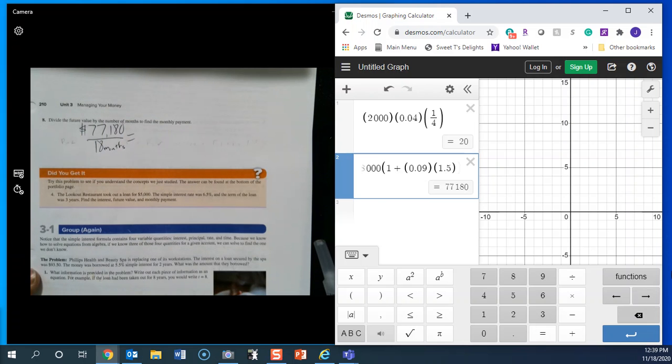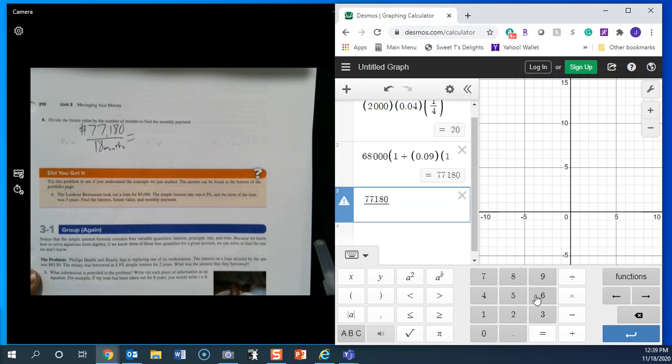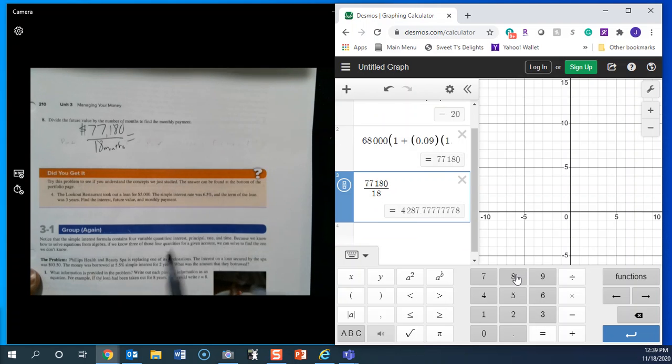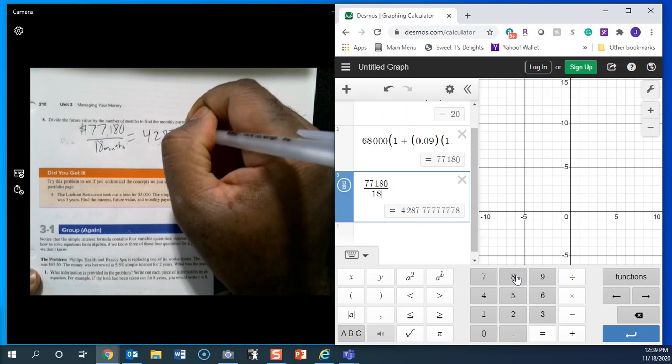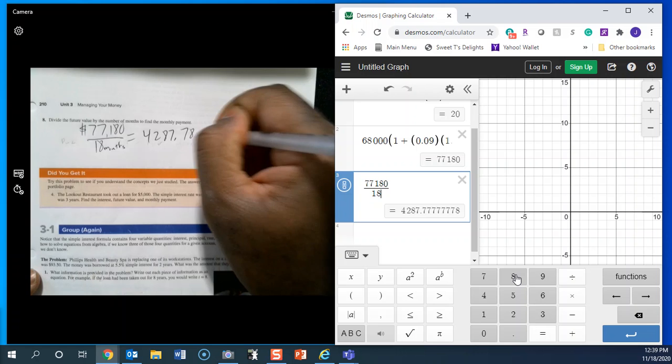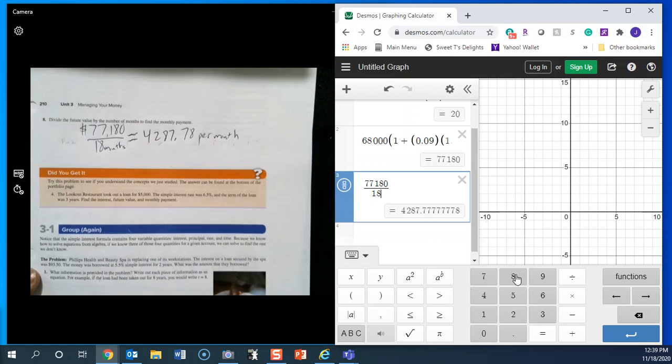So now we would take the 77,180 and divide that by 18 months. So that would give us $4,287.78 per month. And this would be approximate because we had to round.